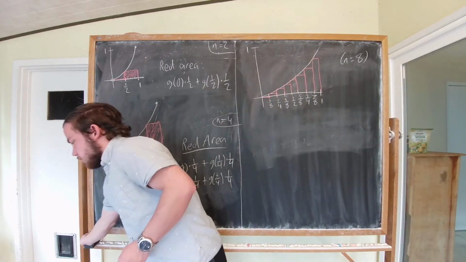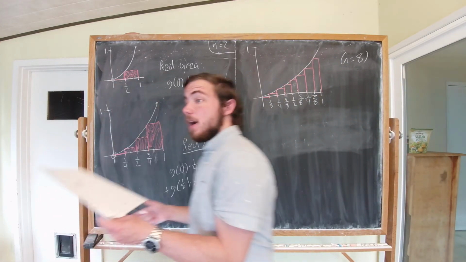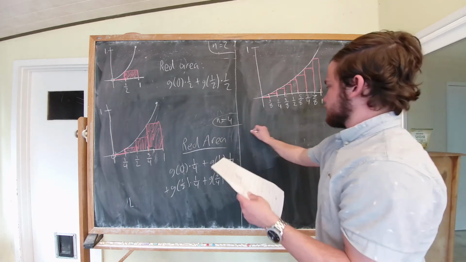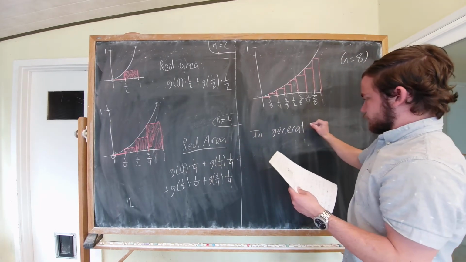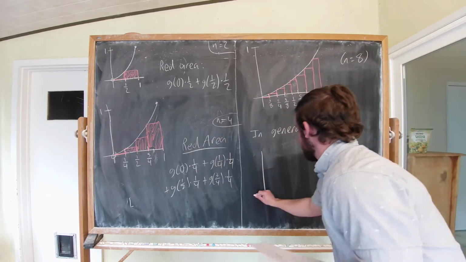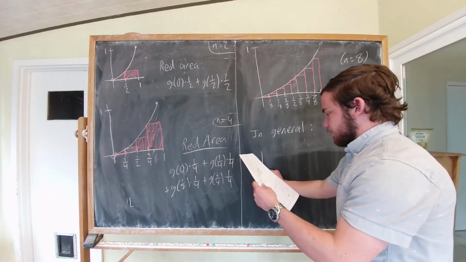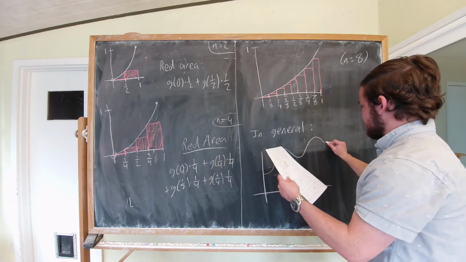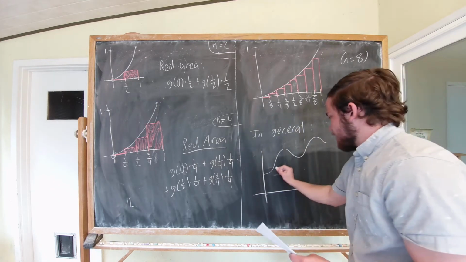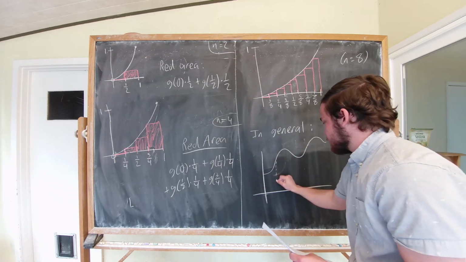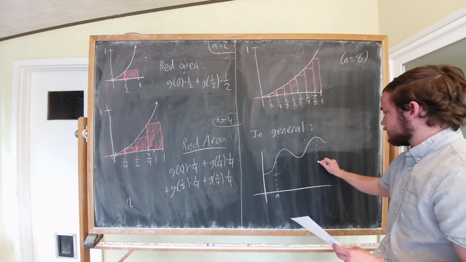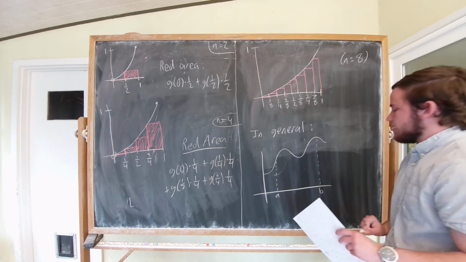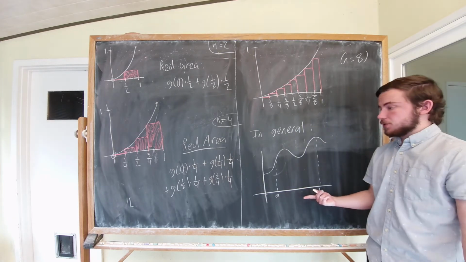In general, you might have some undershoot and some overshoot. So let's say we had a function that looked something like that. And let's say we're working between here and here, A and B, whatever those things might be.